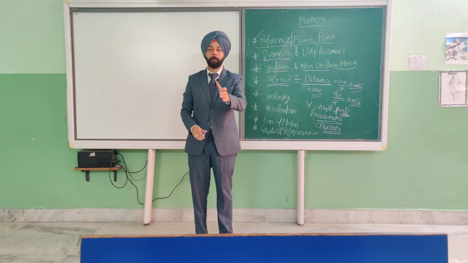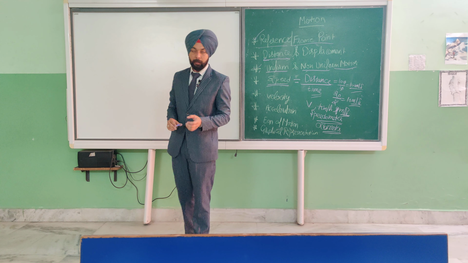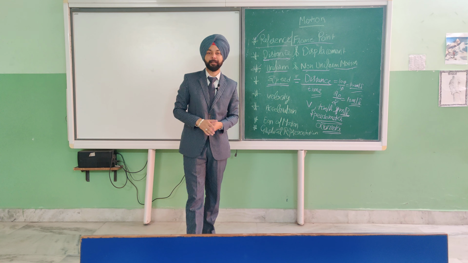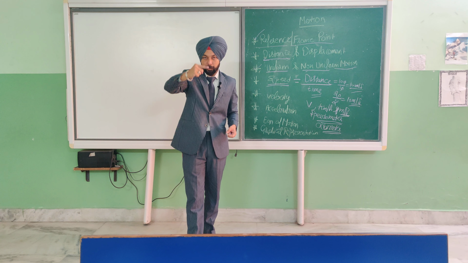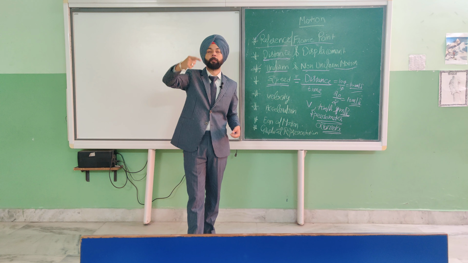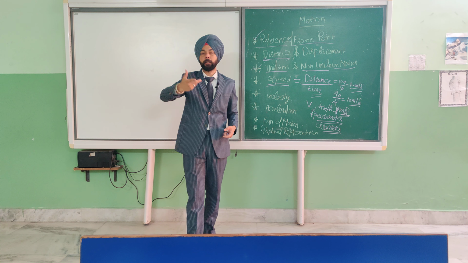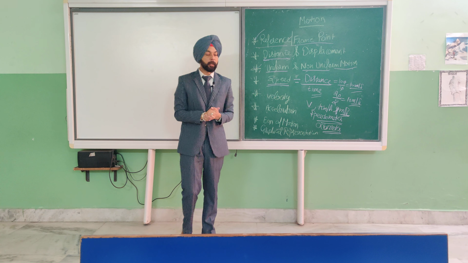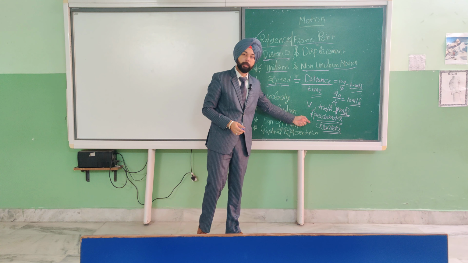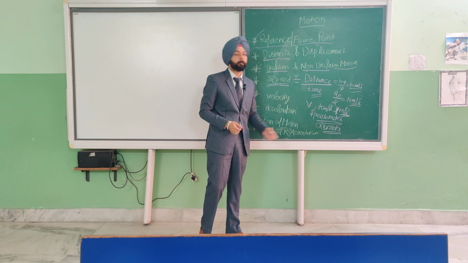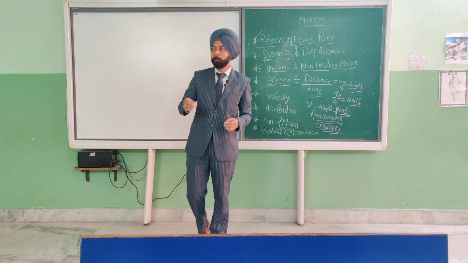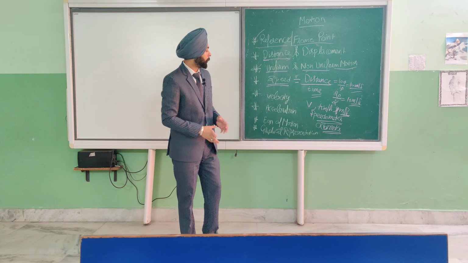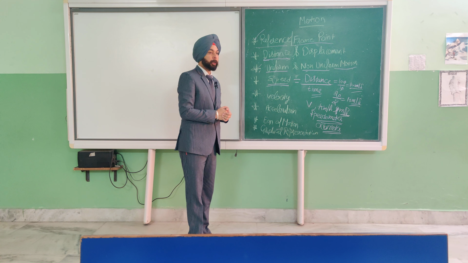An odometer is a device we use in a vehicle for measuring the distance. We check how much the car or bike has run. There is a meter showing that your car has run 2 lakh kilometers, or 50,000 kilometers. These are the two devices, speedometer and odometer, for speed and distance. Speedometer we use to measure the speed, and odometer we use to measure the distance. So that is about speed.